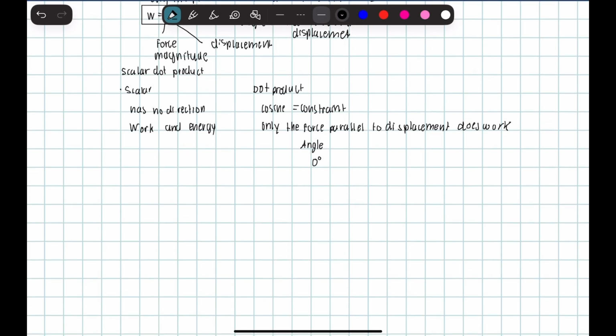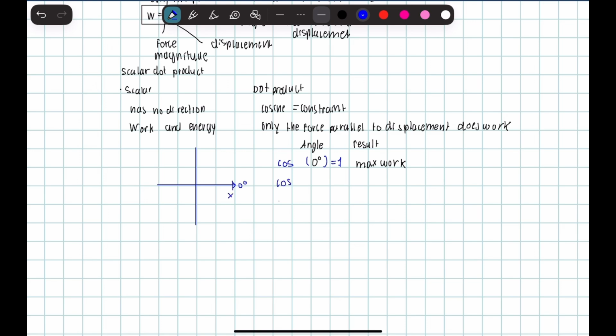So at 0 degrees, the result is max work. The reason is because cosine of 0 degrees, think of the unit circle right here, is just 1. At 0 degrees, the x value is going to be 1.